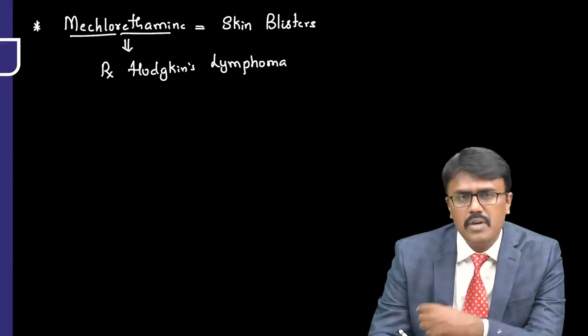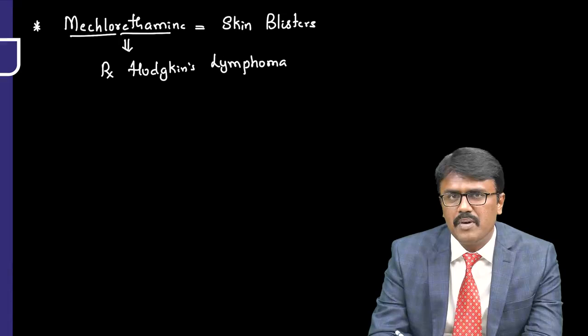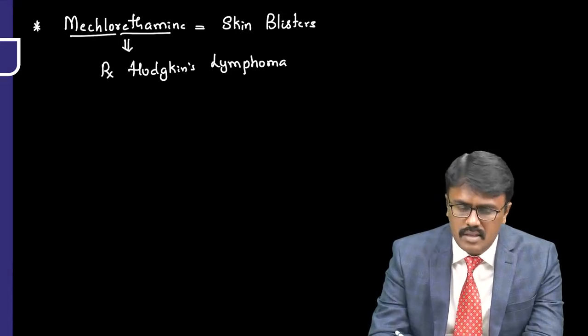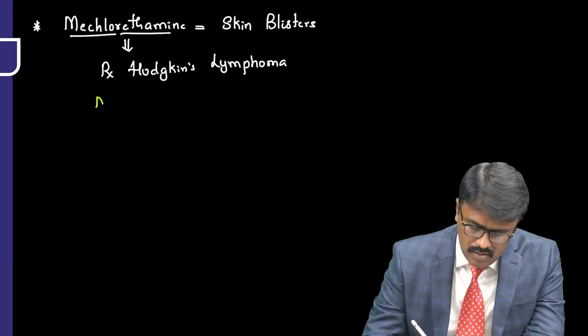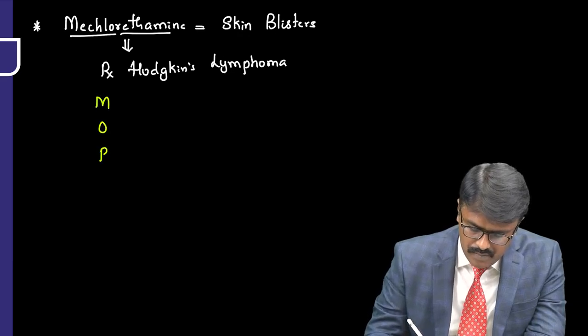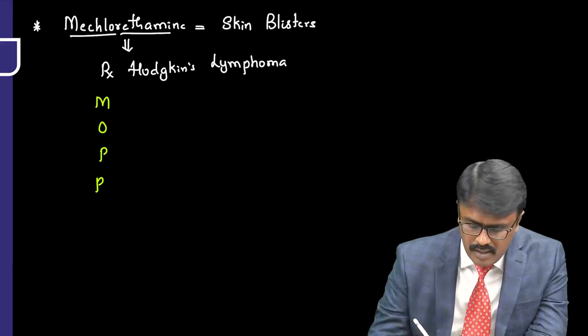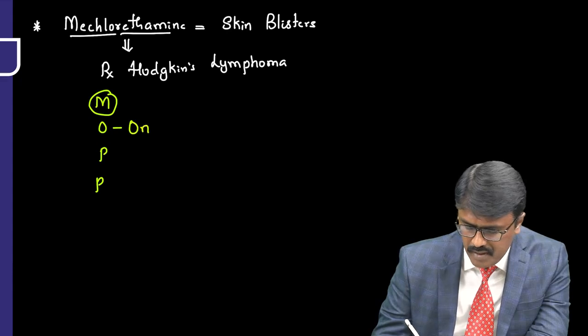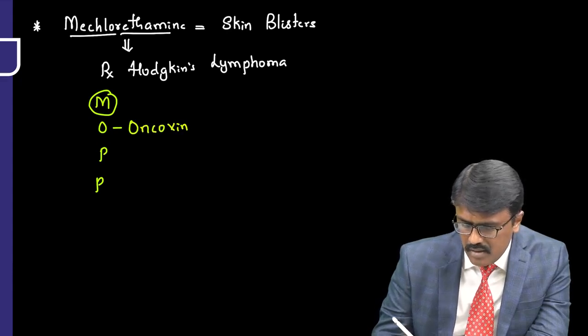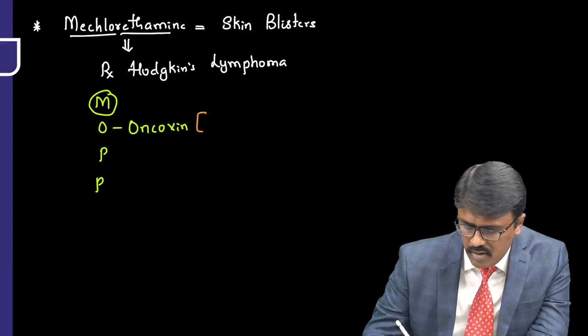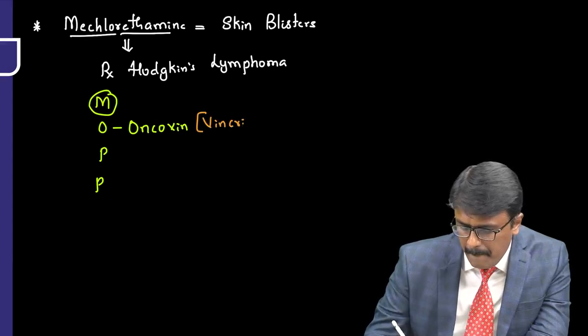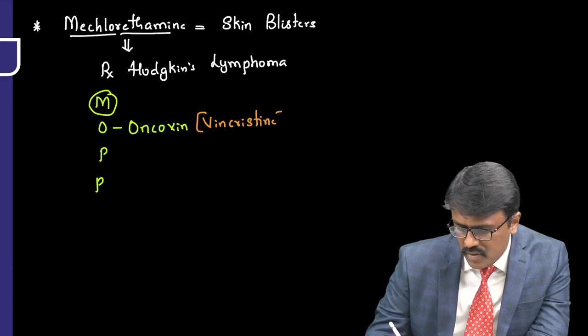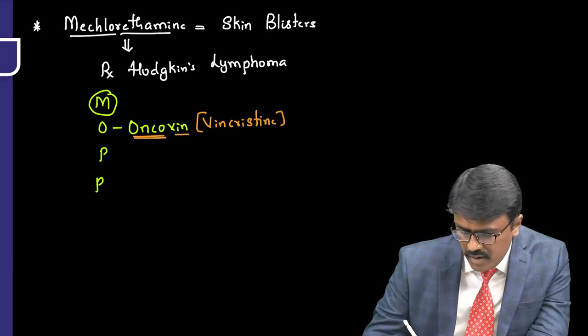And I told you we don't use a single drug for cancer therapy because we are worried about resistance. So we used a regimen called MOP regimen. MOP. Sir, what is MOP for? M for mechlorethamine, O for Oncovin. Oncovin has another name called vincristine. So onco for cancer, vin for vincristine.